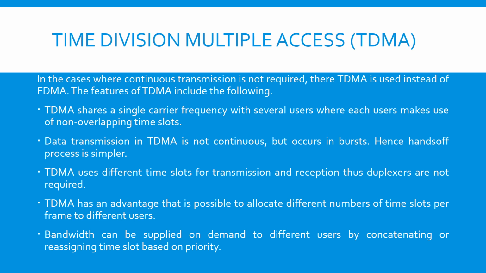Now bandwidth can be supplied on demand to different users by concatenating or reassigning time slots based on priority. Depending on the user's requirement, the bandwidth is allocated to the user.